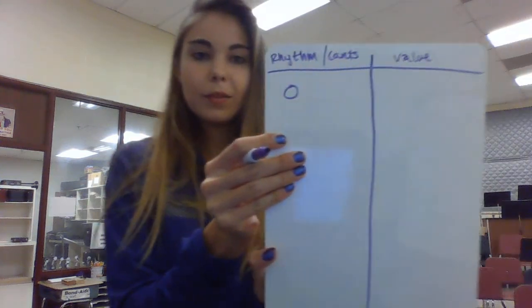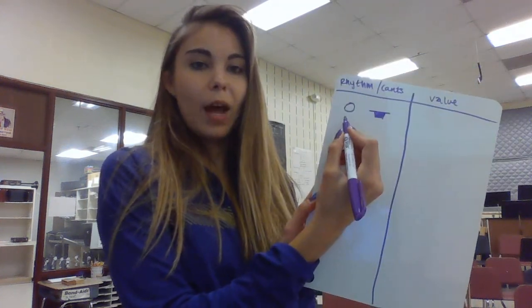And then we're going to start with our whole note and our whole rest. So remember, your whole note looks like a circle, and the whole rest is an upside down hat. Make sure you color in the hat. Underneath, you're going to write how we would count it.